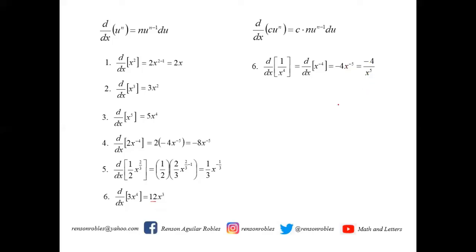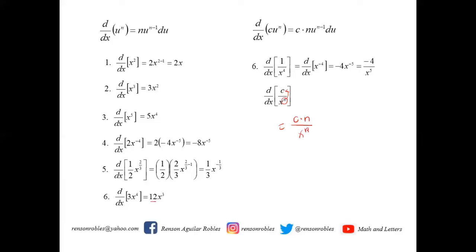Now, from this example, we shall generate a special formula for the derivative of c all over x raised to n. And this is equal to, what you are going to do is multiply this n to c. So you have c times n, and then you copy x raised to n.